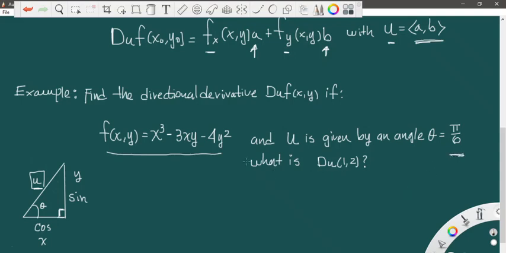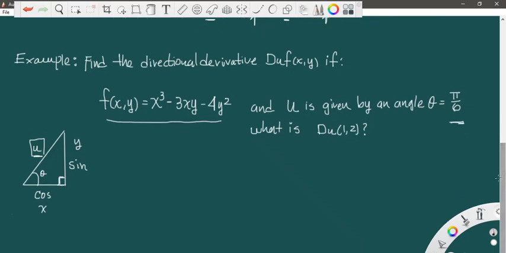And then the question is, first, what is the partial derivative of this function? And if the vector u has an angle of pi over 6, what is the directional derivative evaluated at (1, 2)?